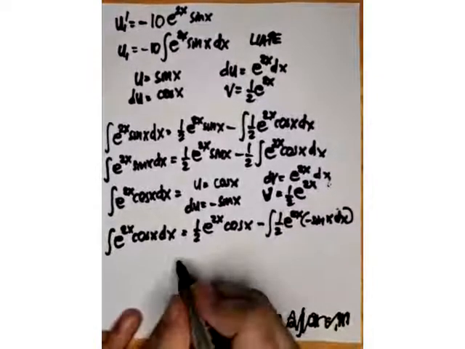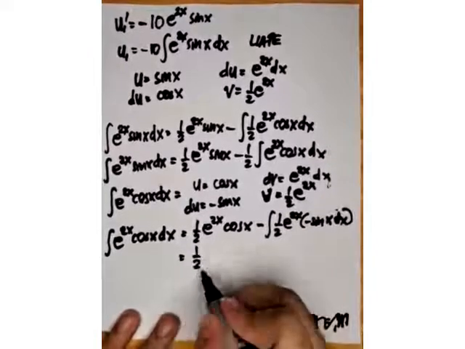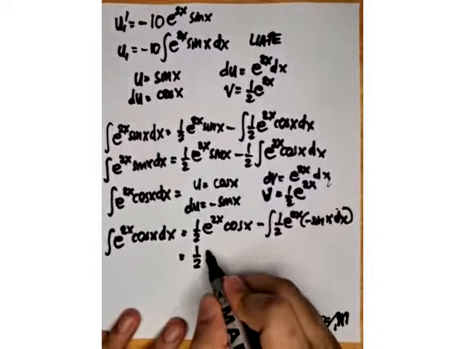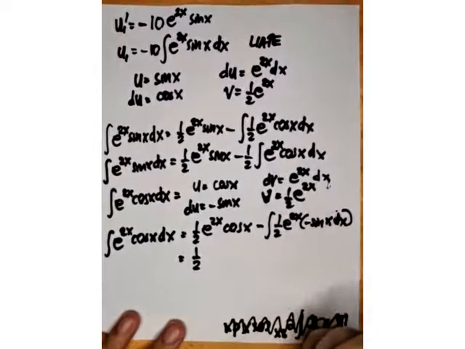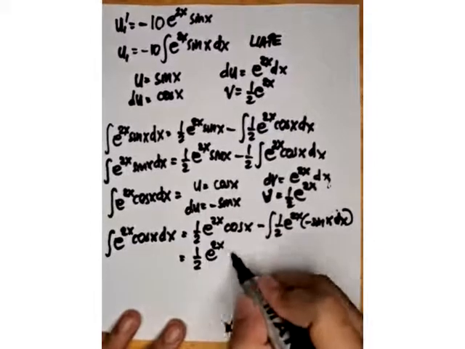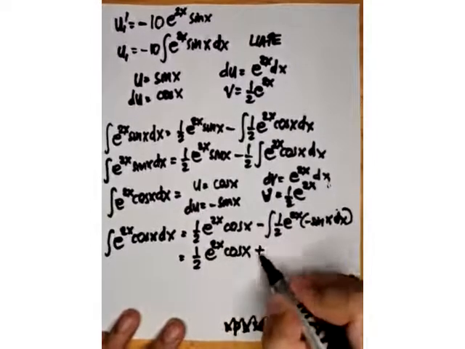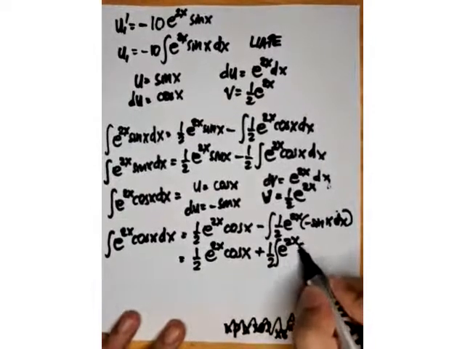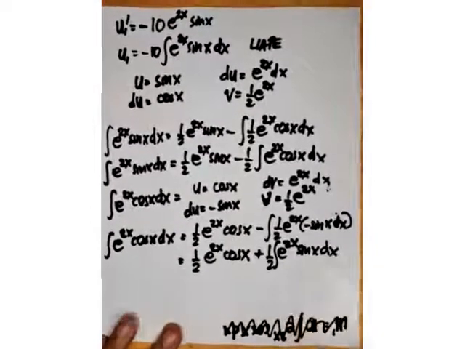Simplifying, this is 1/2 e raised to 2x cosine x plus 1/2 the integral of e raised to 2x sine x dx.